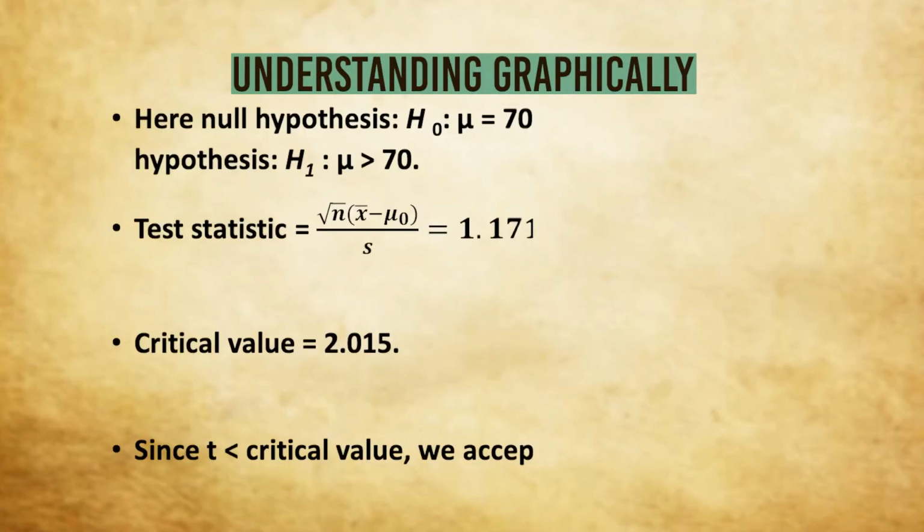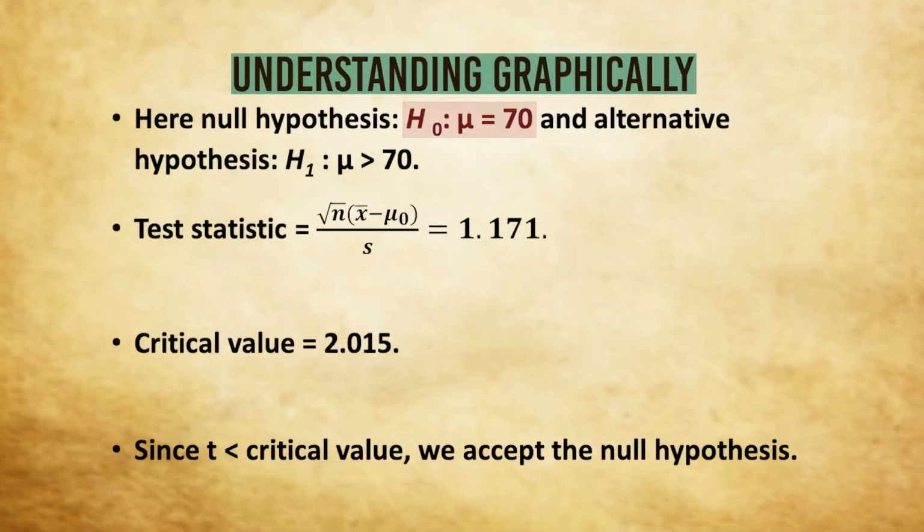That means the level of significance is 5%, that is 0.05. So the null hypothesis is mu equals 70 and the alternative is mu greater than 70. So it is a one-sided test, to be specific, a right-tailed test. We know the test statistic, root n into x bar minus mu naught by s.